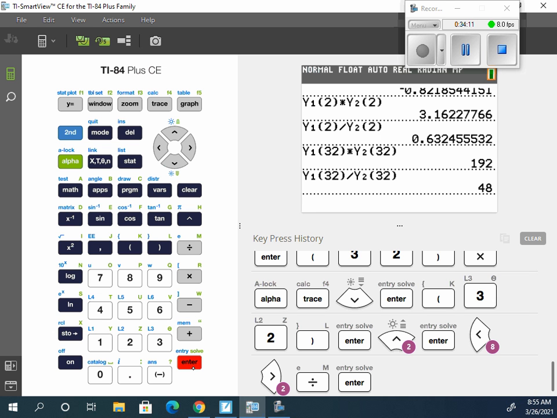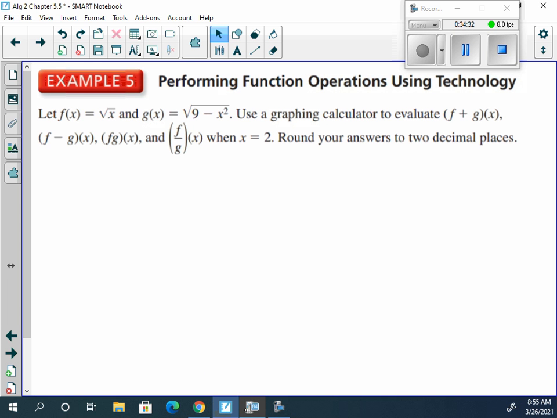So for calculating the values, these calculators can do it for us. That's it. That's all we have for today. Now, doing f of x plus g of x and f of x minus g of x, you're going to actually have to do those out by hand because it has to have a value for x.